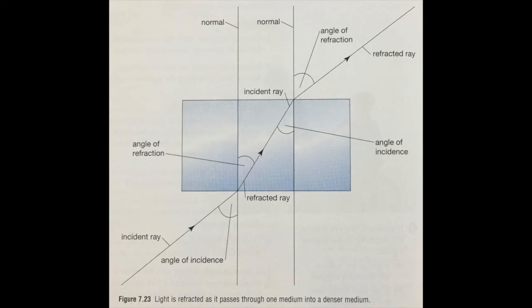Air is not very dense relative to water. So it's going in air, and then it goes into water, bends towards the normal because water is more dense. And then when it comes out, it's bending away from the normal because it's going from water, high density, to air, low density. And the question is, is that all there is to light?